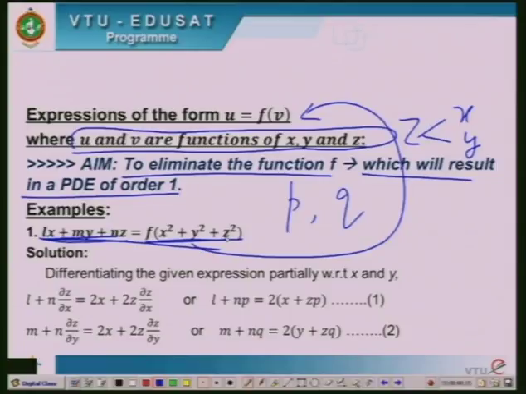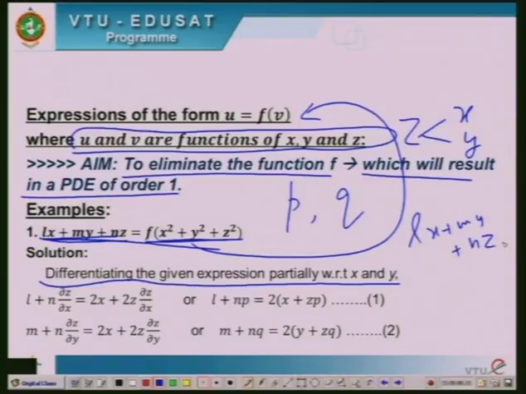Now, my friends, how to eliminate the function f? It can be done by just differentiating the given expression partially with respect to both x and y. So, first, differentiating the given expression partially with respect to x and y, we get. Now, as you observe, lx + my + nz, when differentiated with respect to x, there is an x term here.